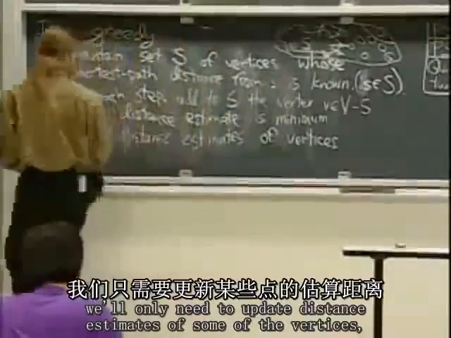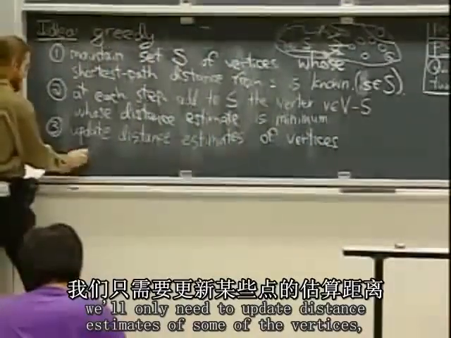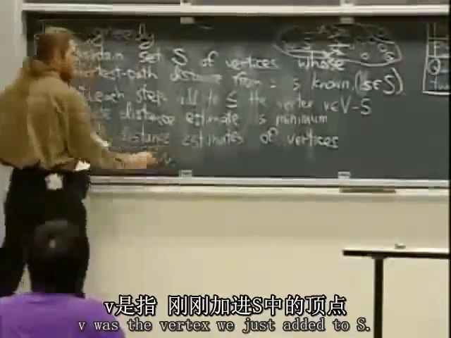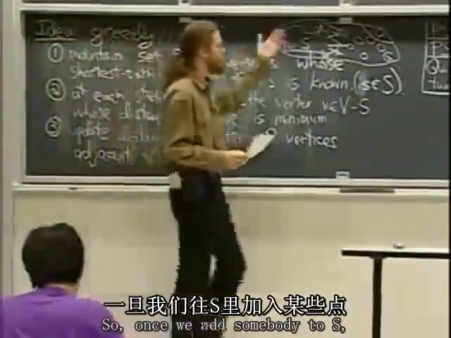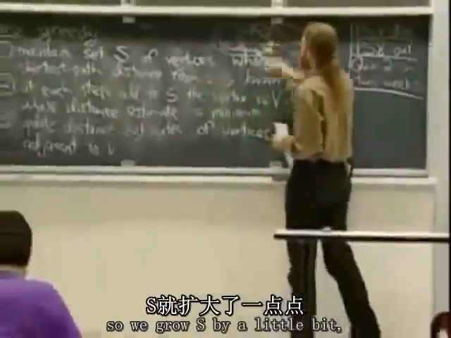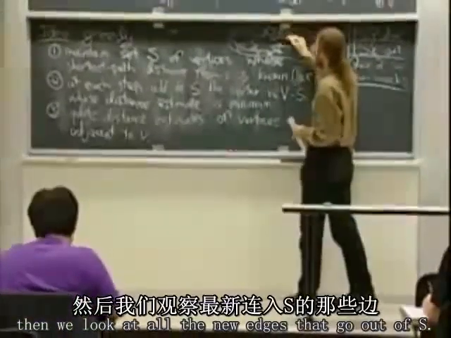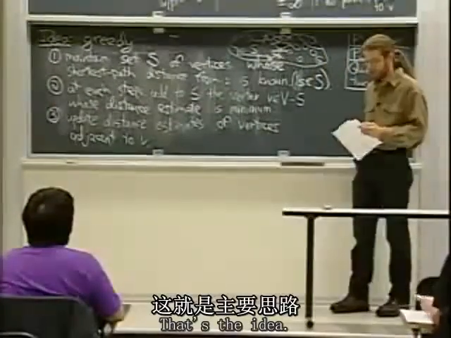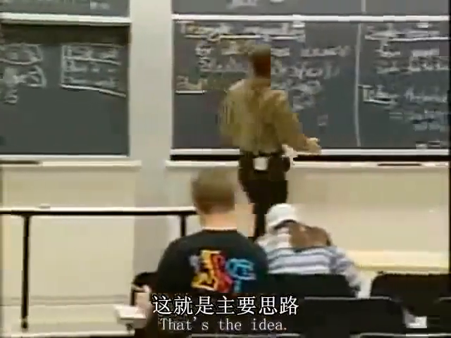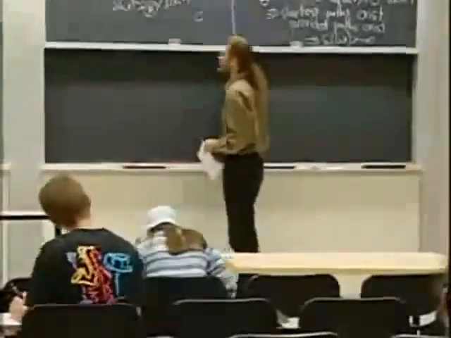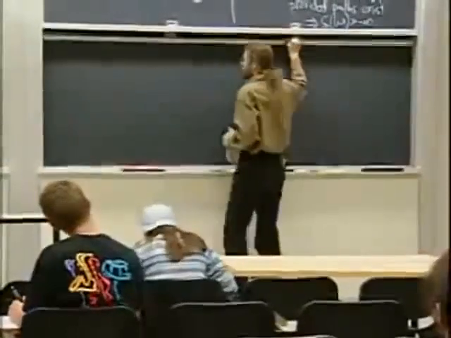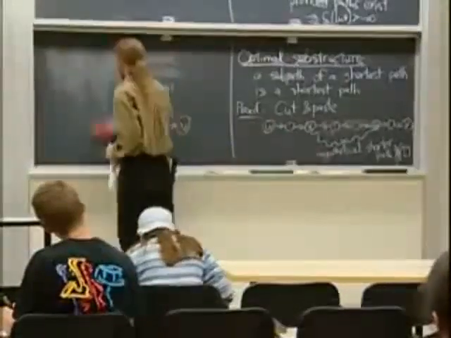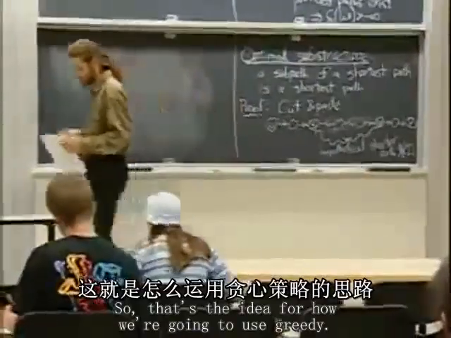And it turns out we'll only need to update distance estimates of some of the vertices, the ones that are adjacent to v. v was the vertex we just added to S. So once we add somebody to S, so we grow S by a little bit, then we look at all the new edges that go out of S from that vertex, and we update something. That's the idea for how we're going to use greedy.